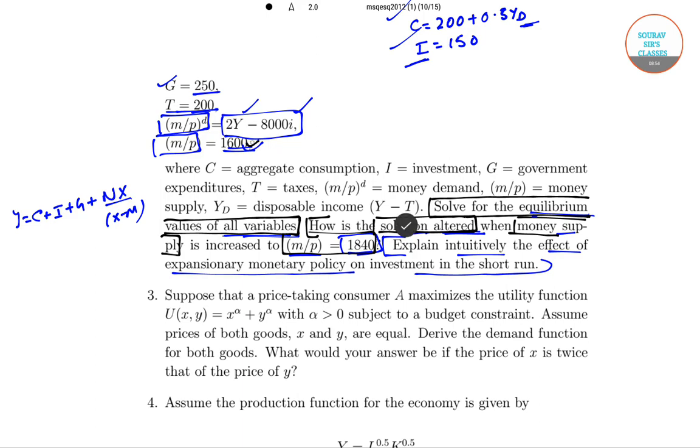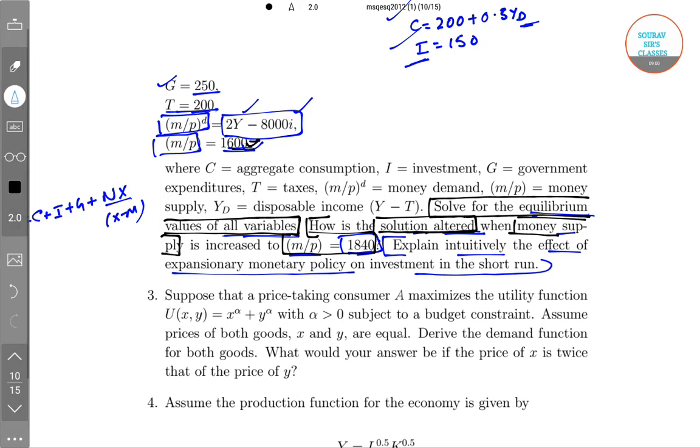When money supply is increased to 1840 instead of 1600, instead of 1600 we'll write 1840.